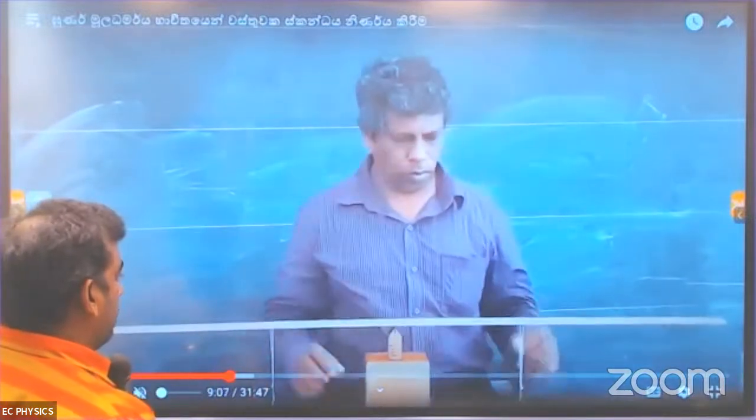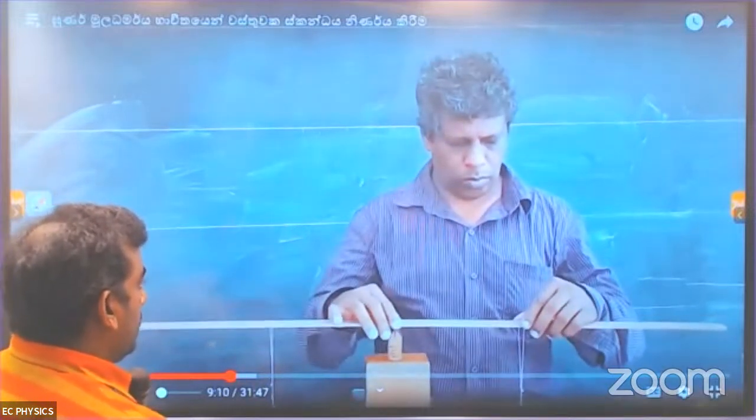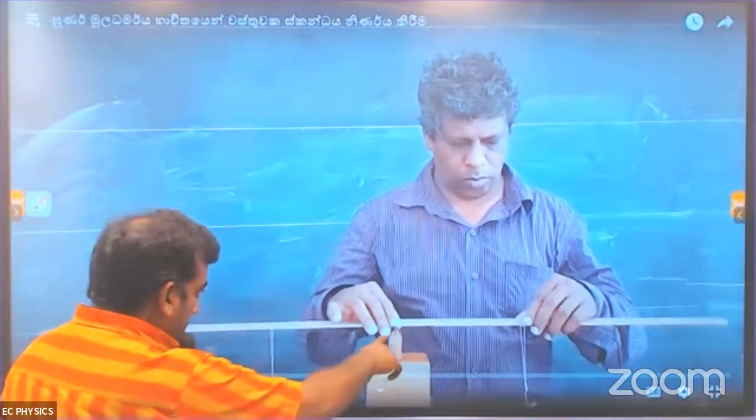Adjust it to 50.5, so you can measure this.